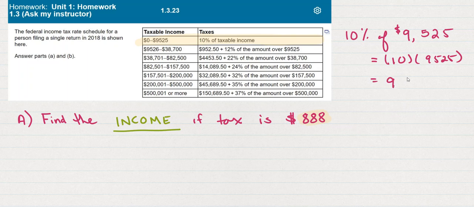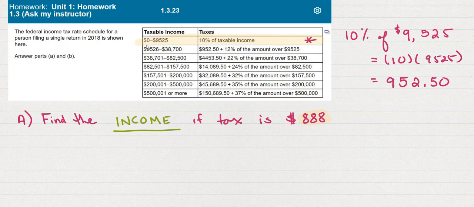That would have been $952.50. So if the income was above 9,525, the income would have been higher than this $952. Do you follow that? That's how I knew to use this first row.